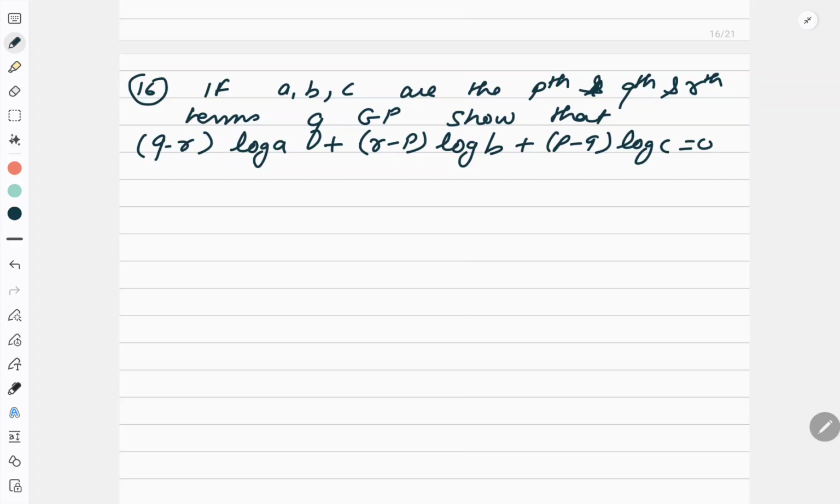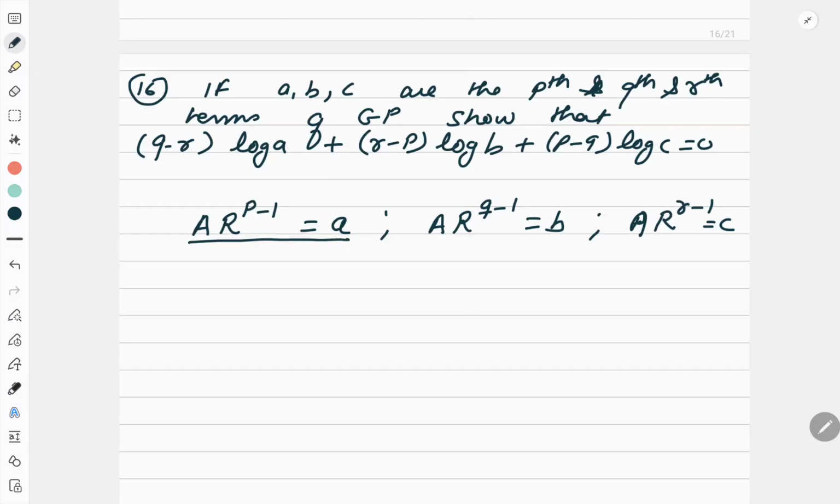If A, B, C are the pth, qth and rth terms, pth term means A r to the power p minus 1 is equal to A. A r to the power q minus 1 is equal to B. A r to the power r minus 1 is equal to C. Now as the required answer should have a log, definitely I have to take the log. So now take log on both sides.